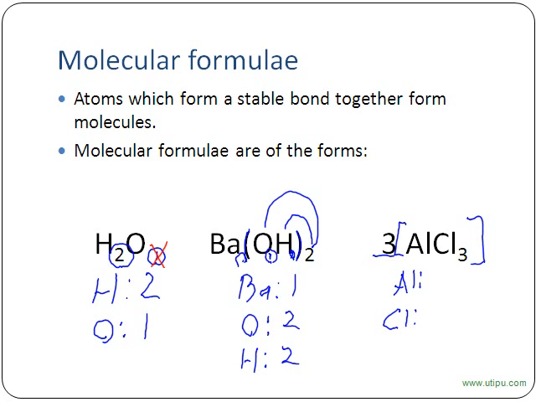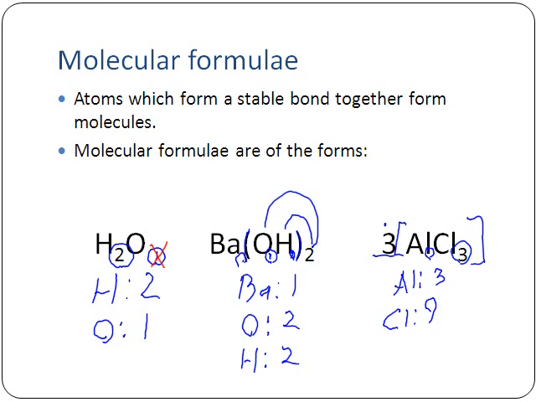How many aluminums do we have? Nothing after it, that means there's a 1. So we have 1 aluminum, but since we have 3 totals, 3 times 1 gives you 3. For chlorines, we have 3 chlorines right here, but there are 3 AlCl3s, so 3 times 3 is 9. That's how you figure out the number of each atom in a molecular formula.